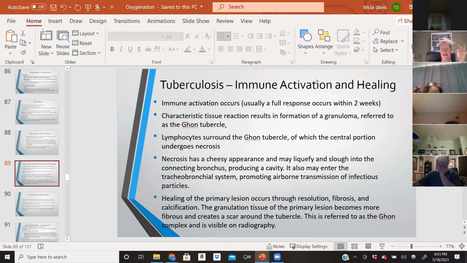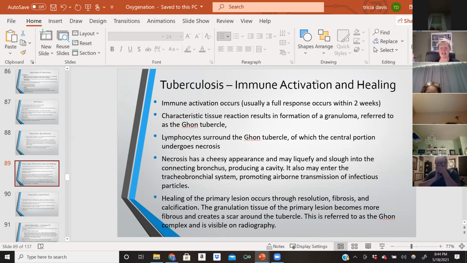If you look at it on an x-ray, it's going to have kind of a cheesy appearance. It might liquefy, it's going to slough off. It's going to produce a cavity in that connecting bronchus that you'll be able to see on an x-ray. It could also enter the tracheobronchial system, promoting the transmission of that infectious particle.